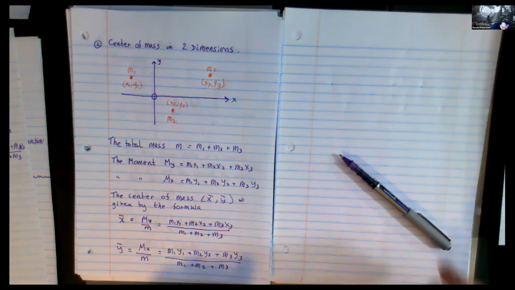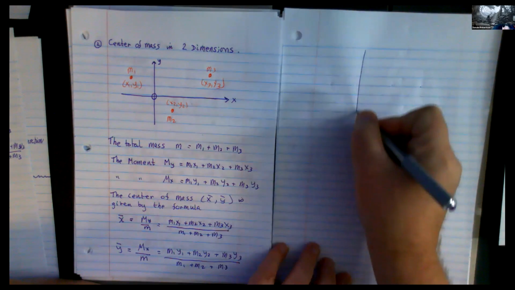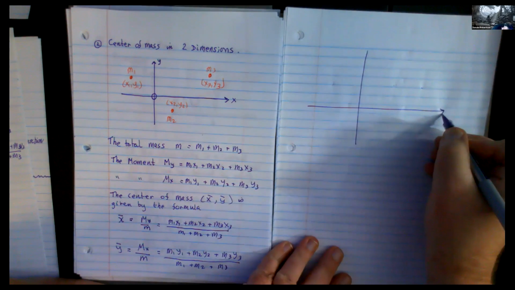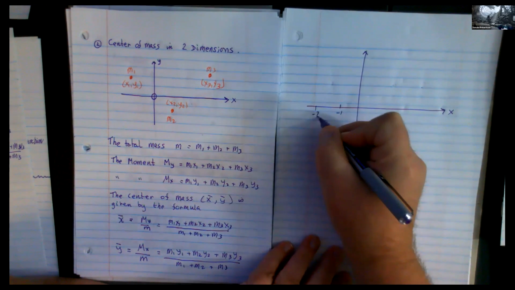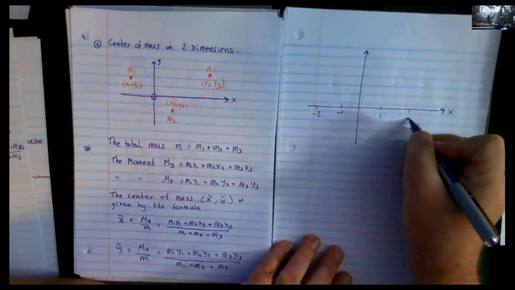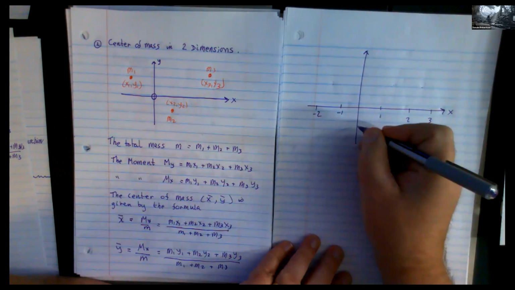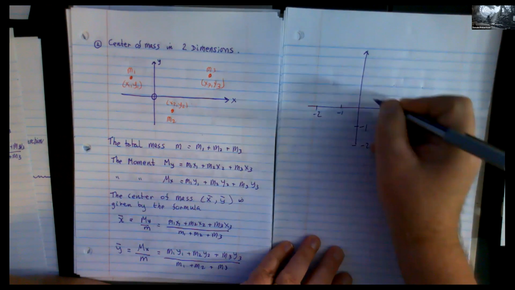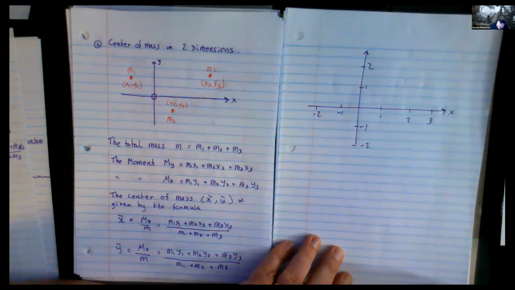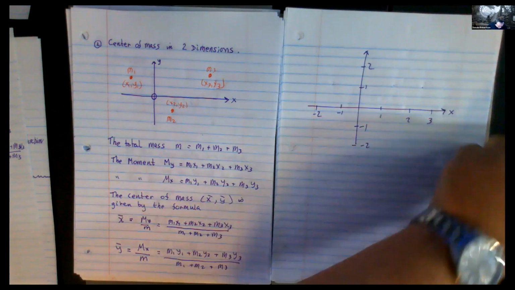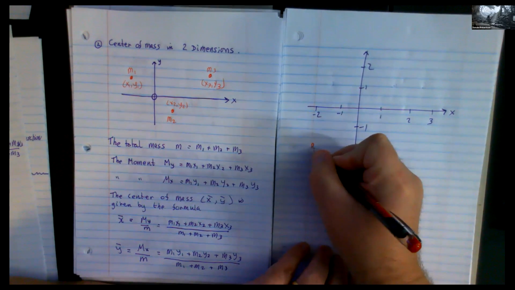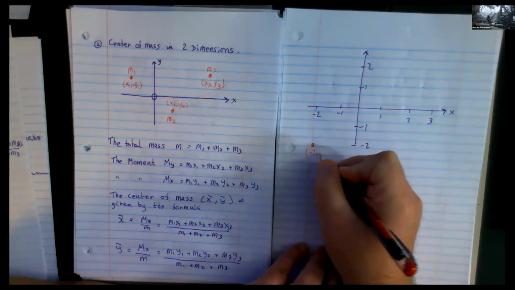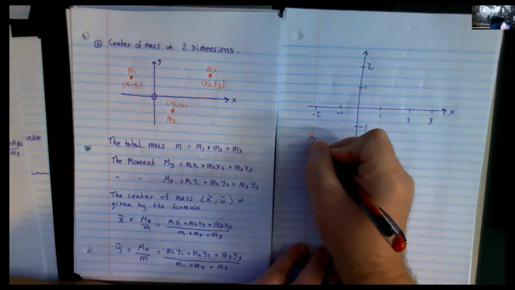So let's do an example. So -1, -2, 1, 2, and let's have 3 again. Let's have one down here at -2, -2, and his weight is 10 pounds.